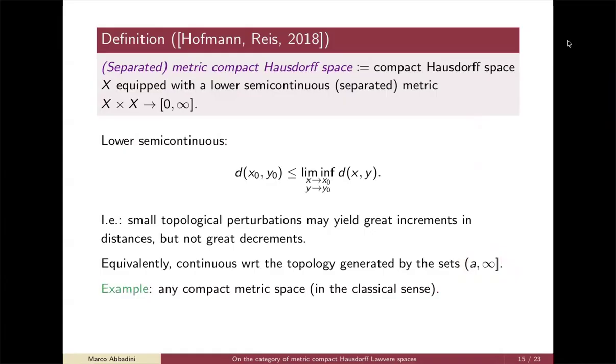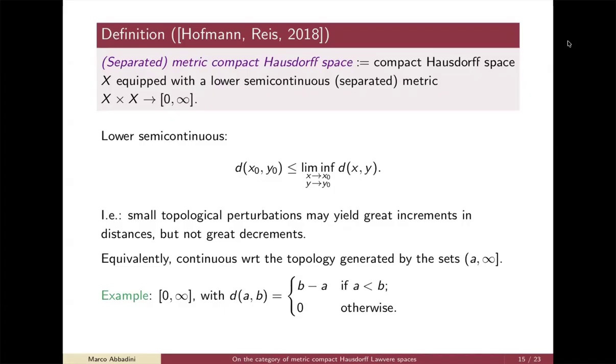Let us see some examples. First of all, any compact metric space is a separated metric compact Hausdorff space. So this class of structures gives an environment in which also this classical structure lives. [0, infinity] itself with the usual compact Hausdorff topology on it, and with the distance given by the difference b minus a if a is smaller than b, or 0 otherwise.